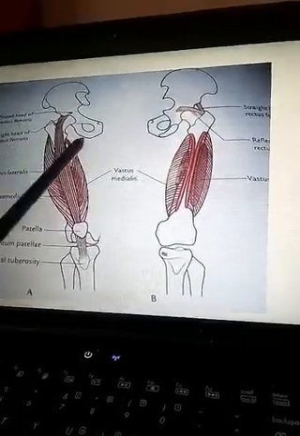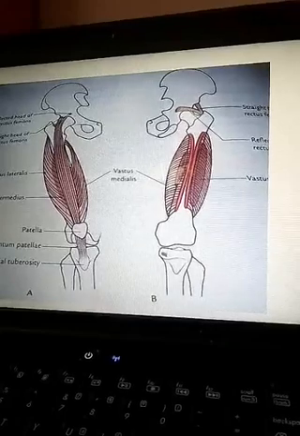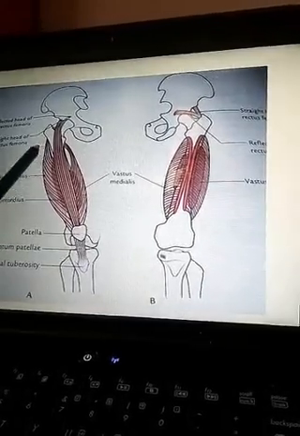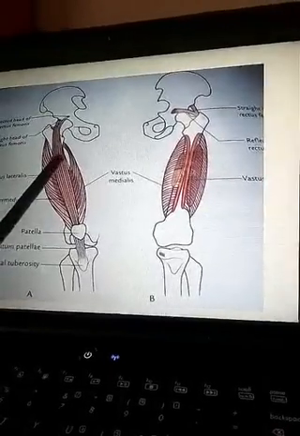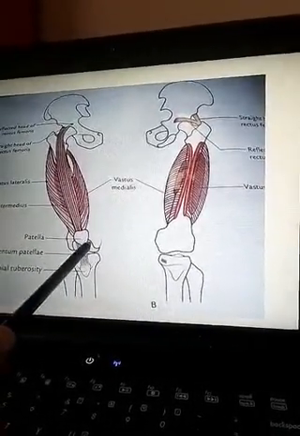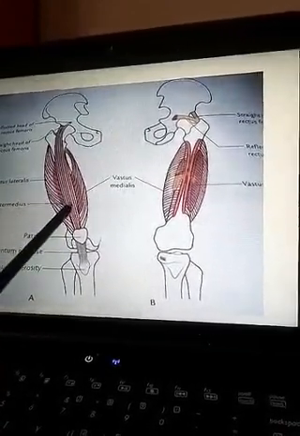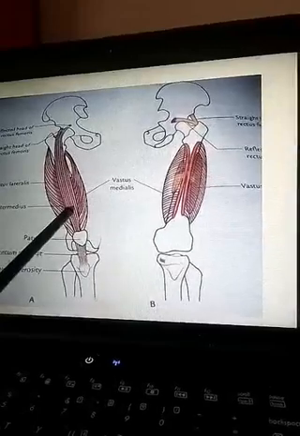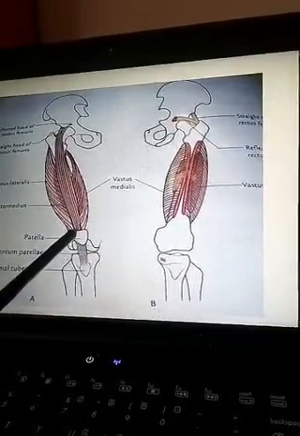It is supplied by the femoral nerve. All the parts of the quadriceps femoris cross only one joint, that is the knee joint, except rectus femoris, which crosses the two joints, hip joint and knee joint.